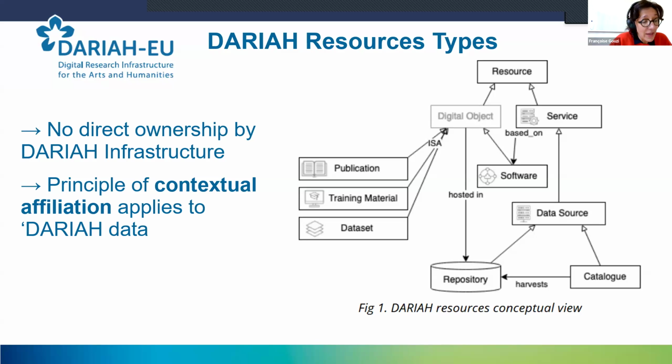So the term DARIAH resource does not indicate a direct ownership or control by the DARIAH infrastructure. Instead, it refers to the context of production and reuse. A DARIAH resource is a resource created or reused within the DARIAH ecosystem. And the same principle of contextual affiliation applies to DARIAH data. DARIAH does not claim ownership of this data.